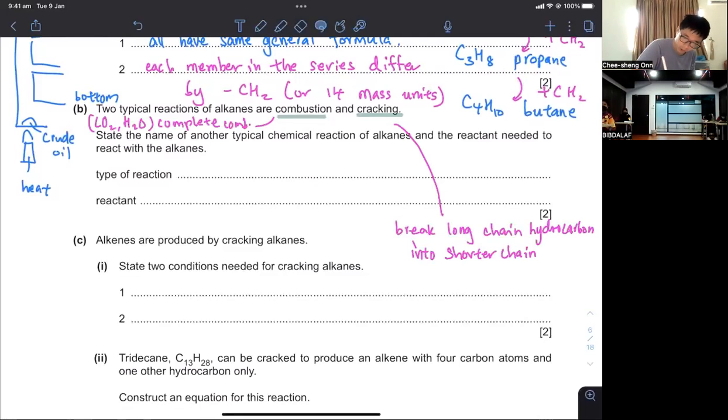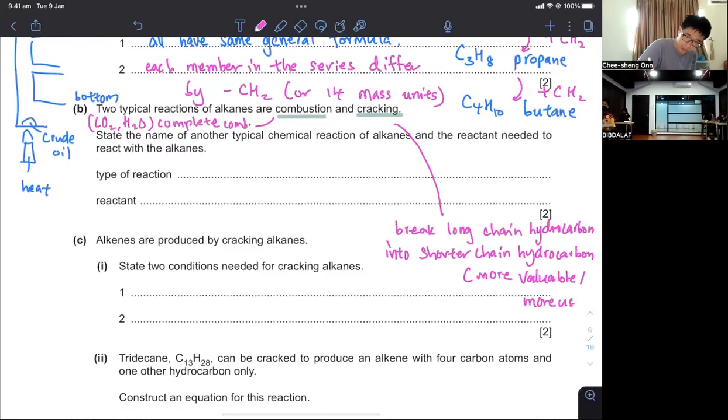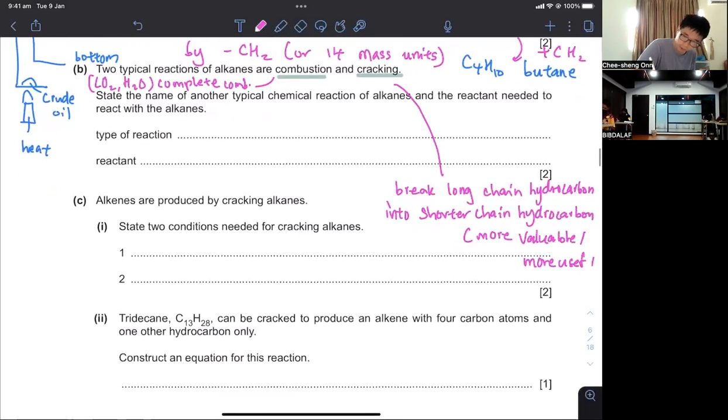You want shorter chains because they are more valuable. There's more money in it, and it's more useful than a long hydrocarbon chain.